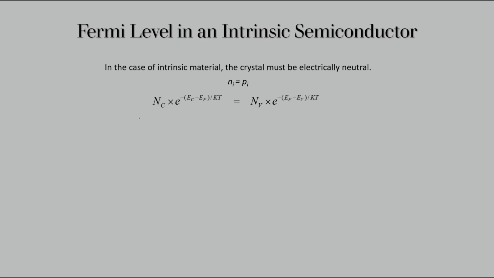After this, if we bring the Nc and Nv term over here, then the remaining e to the power term on the other side will be e to the power (Ef minus Ev) by kT divided by, if I bring it up, e to the power (Ec minus Ef) by kT, right?